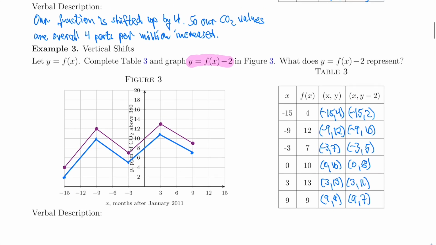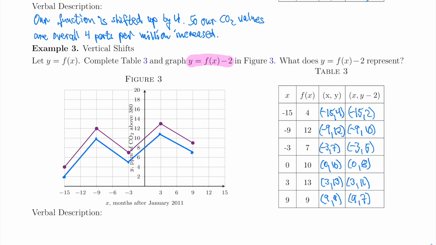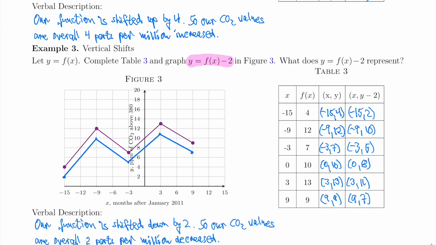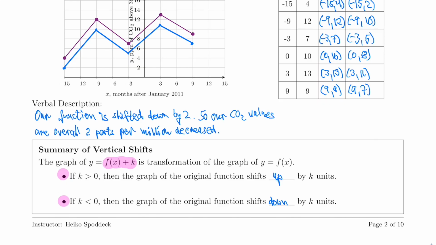I did not yet fill in the meaning of our function here, but it's basically the exact same. Instead of our carbon dioxide values being increased, they are decreased now. So these were our vertical shifts.